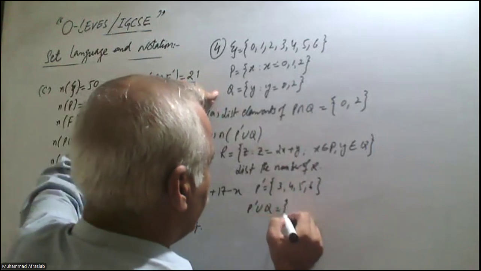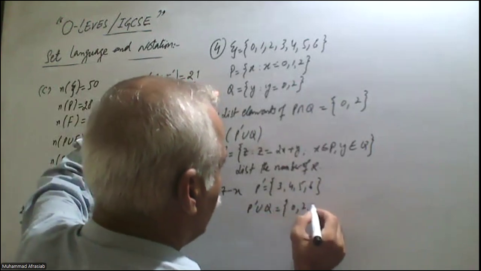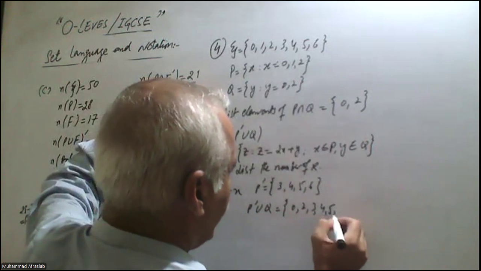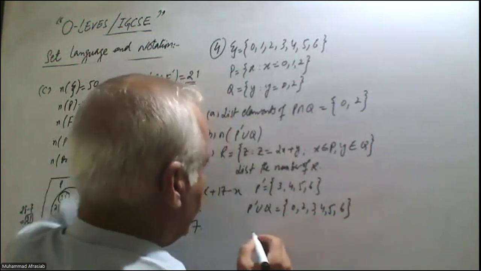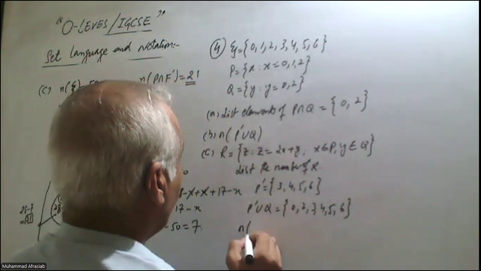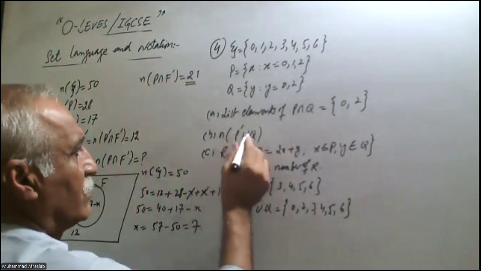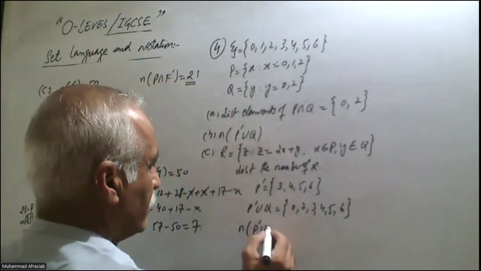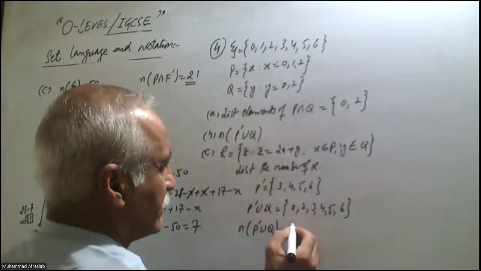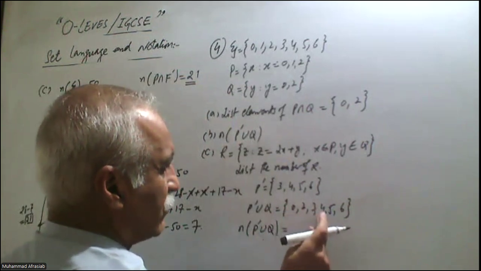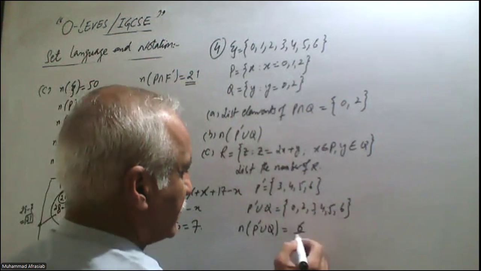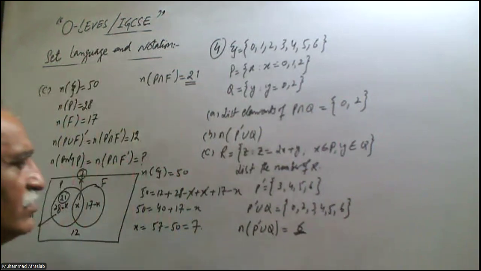So it should be 0, 2, 3, 4, 5, and 6. They are asking for the number of elements of P complement union Q, so that is 1, 2, 3, 4, 5, 6. There are 6 elements.